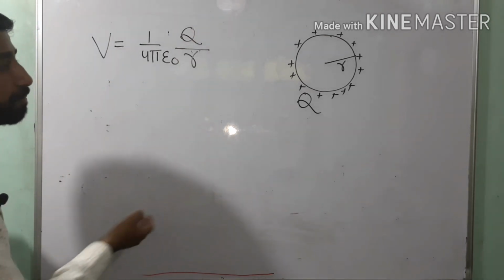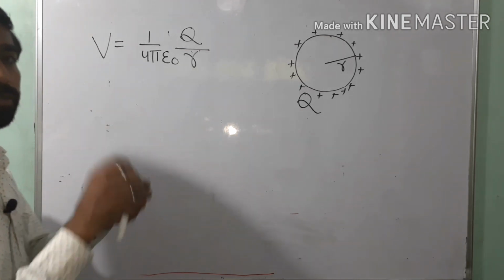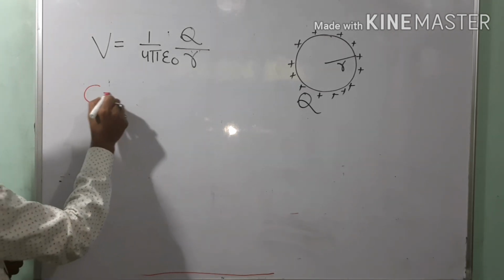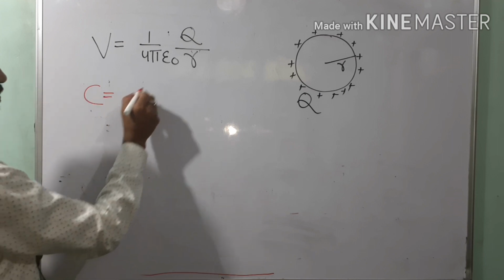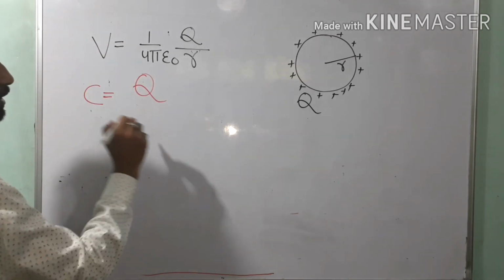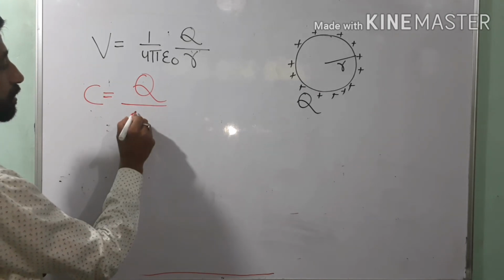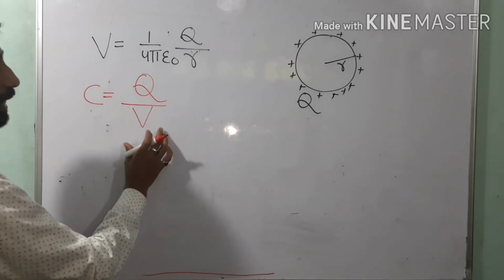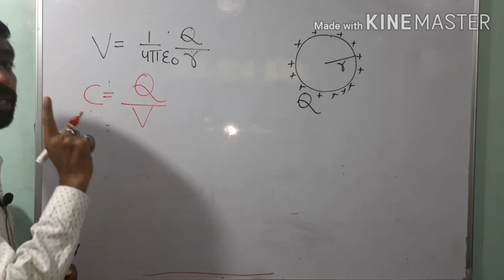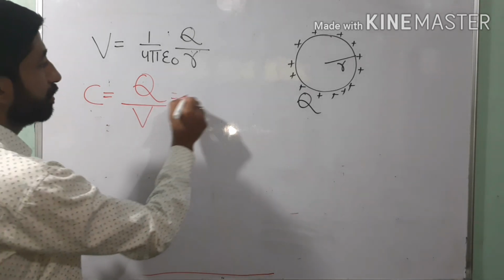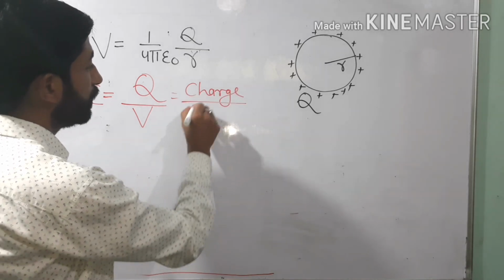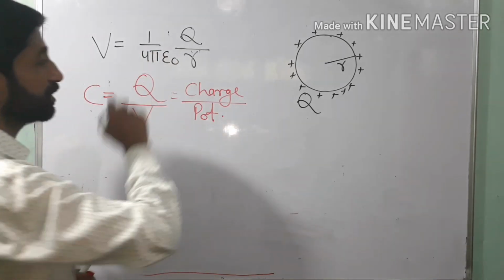Now what will be the capacitance? Simply use the formula. Capacitance is given by C is equal to the charge given to the system over its potential, that is, the charge required to raise its potential by unit amount. So C is equal to charge over potential.